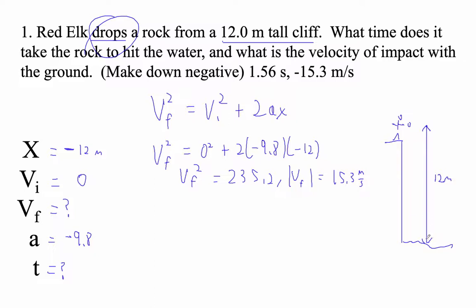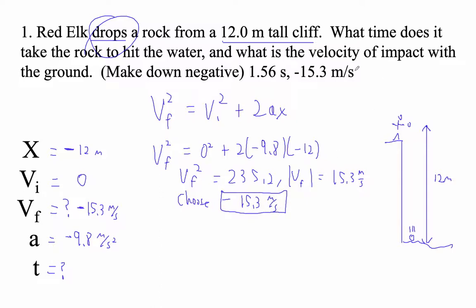Now, to be sure, that rock is going down when it strikes the water, right? So I'm going to put a minus sign. Since the absolute value is 15.3, I definitely know it's going down. So we put a minus on there. That's why we choose negative 15.3, because we know that it's going down.